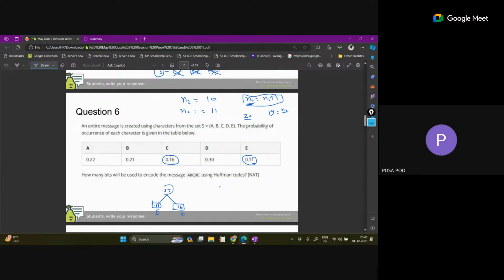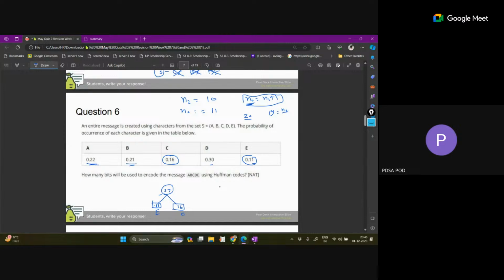Now the new weights are 22, 21, 30 and 27. So select the next two smallest out of A, B, D and this internal node. So A and B are the next two smallest, and this is the actual frequency of the character.